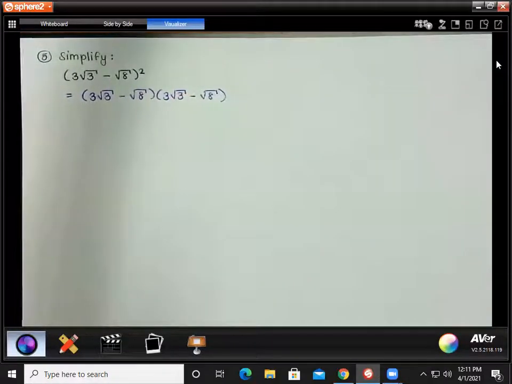Remember, that's what it means when you square something. You're multiplying that thing by itself. Yes, I'm going to do that later. Well, then you would have a number in front and a surd, so maybe, but it's fine. You would get to the same answer as long as you don't make a mistake.